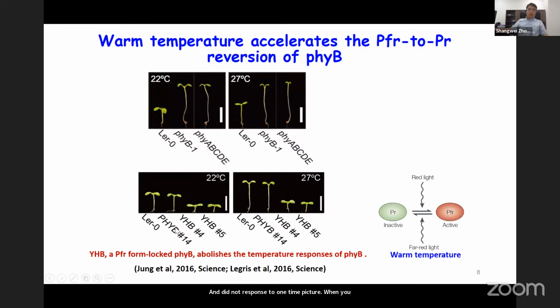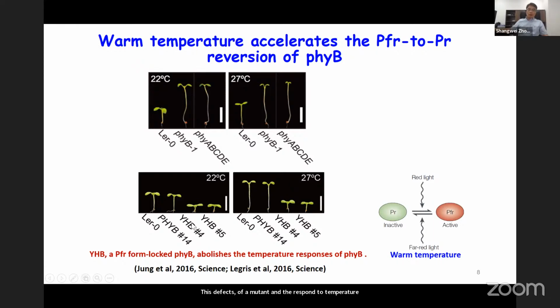When you transfer the wild-type phyB into the phyB mutant, it can restore these defects of the phyB mutant and respond to temperature similar to wild type.